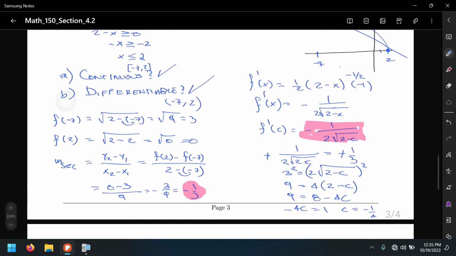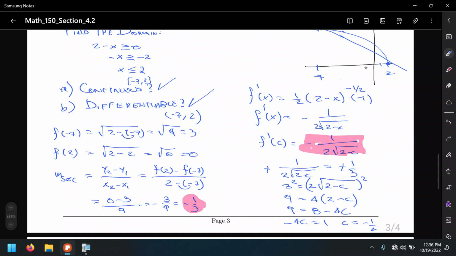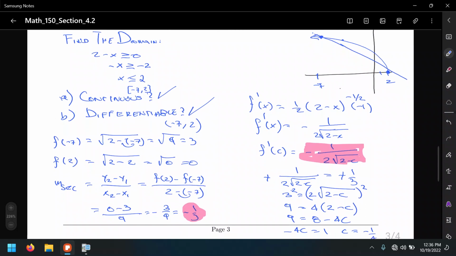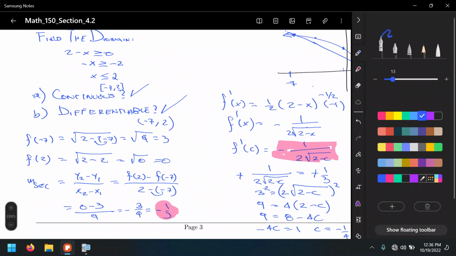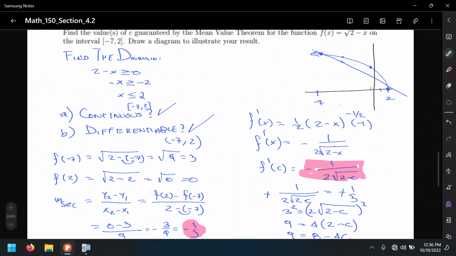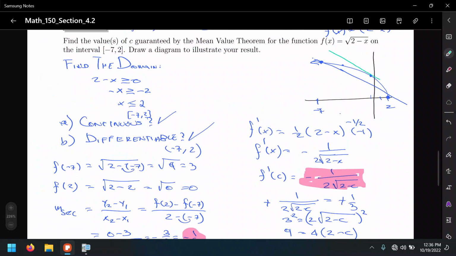So that means c equals negative 1/4, which is roughly here. That's the point where we will have a tangent line containing the same slope. And then, judging by the pictures, does that check our hypothesis, our work with our definitions?